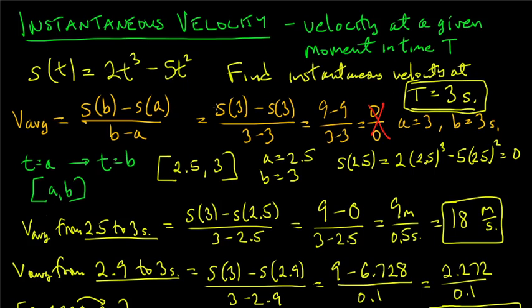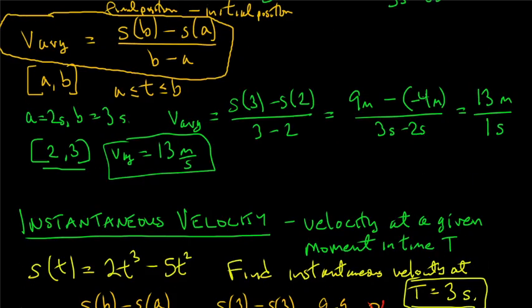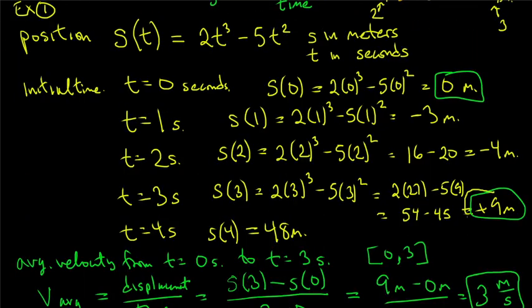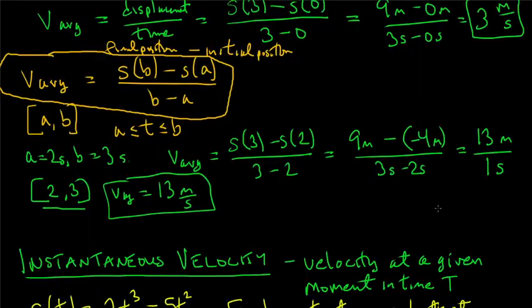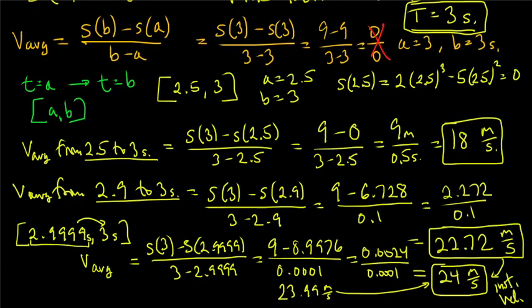So at 3 seconds, we are at position 9 meters. We calculated that way up here. That's the 9 meters. But we also now know how fast we were traveling. We were traveling at approximately 24 meters per second. So that's the instantaneous velocity. If I look down at my speedometer at that moment, at 3 seconds, that's how fast we were going.